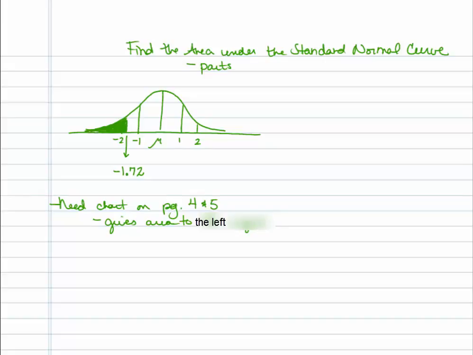And if you look, there is a column for Z, but it's only 1 decimal place. There are columns for the hundredths place.